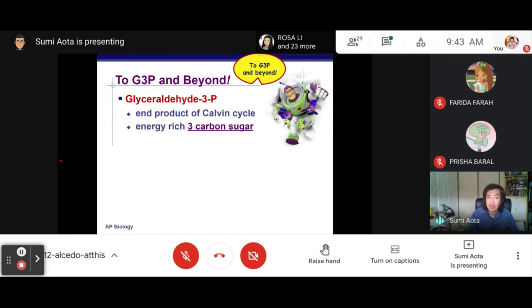It is a very energy-rich 3-carbon sugar. So this process is called C3 photosynthesis, because the first stable product that we make before we make glucose is a 3-carbon glyceraldehyde 3-phosphate.